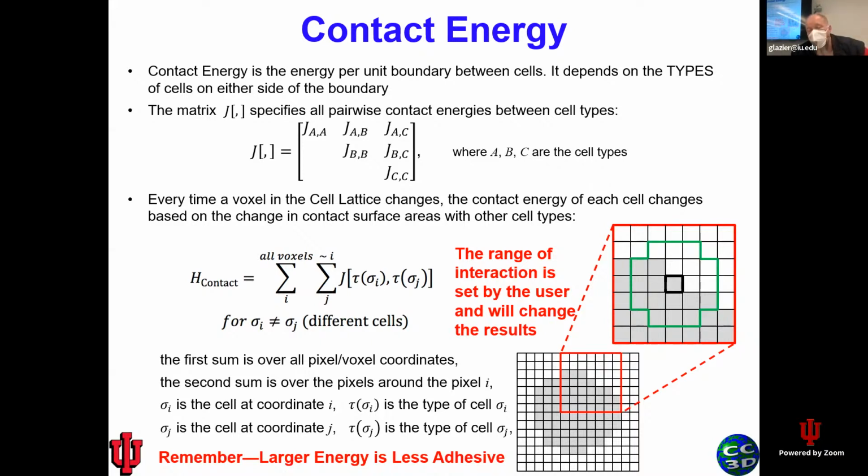It's symmetric. The energy between cell 1 and cell 2 has to be the same as cell 2 and cell 1. So I have an upper diagonal matrix. And then I'm counting the surface area, but I'm weighting it by the energy per unit surface area. And in this case, I almost always use an interaction range that's longer than 1, typically 3 or 4.